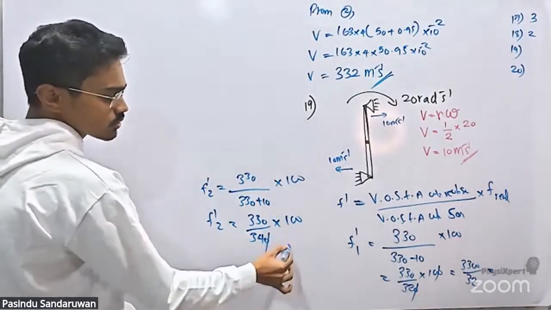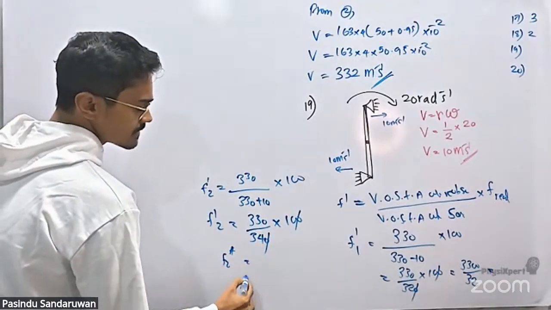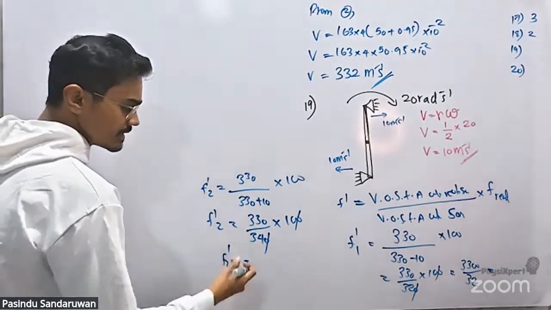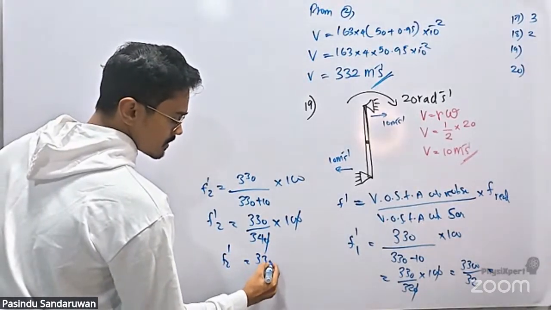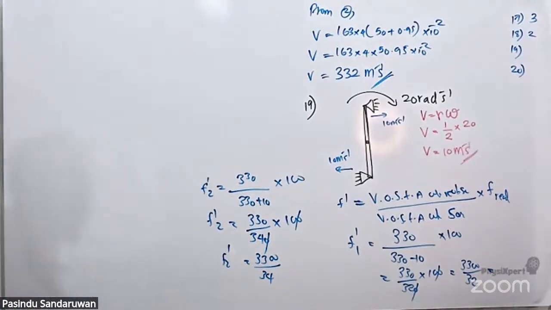The 0 to 0 cancels. Then this value is f2 dash, this value is 3300 over 34, right?